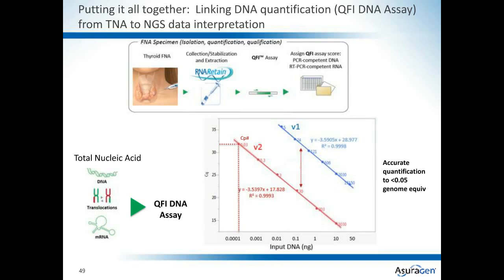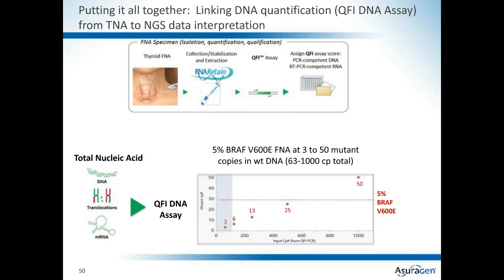Another way we've used this assay is that it allows us to do a very strict molecular accounting of both DNA and RNA in a way that can inform the bioinformatics and help us understand what our call thresholds can be. Take this example. This is a 5% BRAF V600E SNV that has been embedded in the background of wild-type DNA.